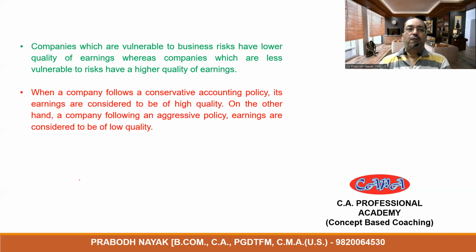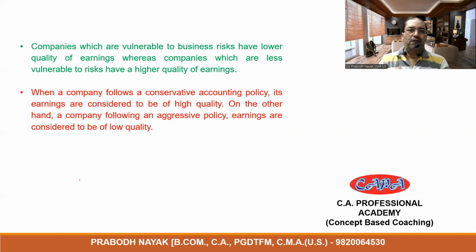That means, suppose I'm conservative, I will make a higher provision for doubtful debts, so that we are safe. So I come to know what is my minimum profit. I know that 5% is sufficient, but I make a provision for 8%. Let us be on the safer side.